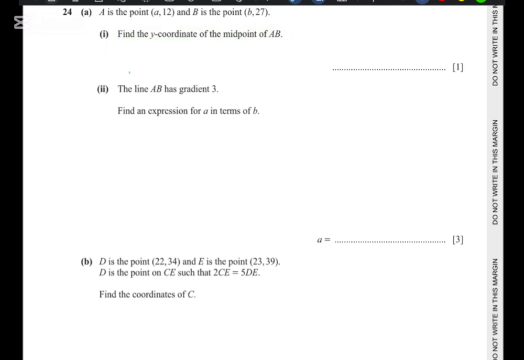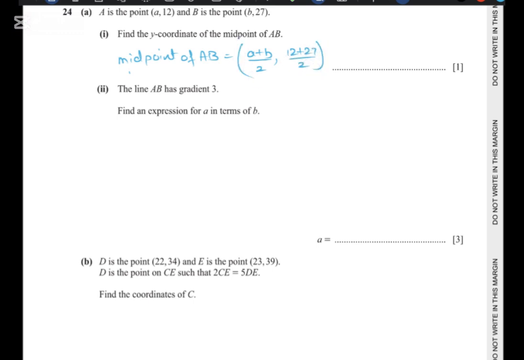So for the midpoint of AB, add the x coordinates, divide by 2, you get the x coordinate of the midpoint, and add the y coordinates, divide by 2. So the x coordinate is (a plus b) by 2, and the y coordinate is (12 plus 27) by 2.